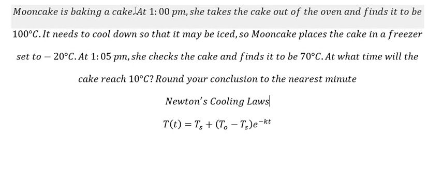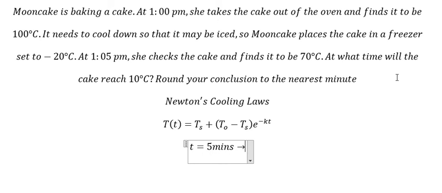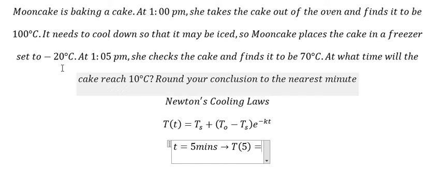So from 1 p.m. to 1:05 p.m., that's 5 minutes. So that means the small t in here equals 5 minutes. So we put t equals 5 in here. Th, that's the temperature of the surface, we put negative 20 in here.